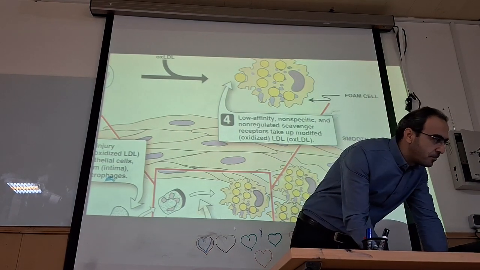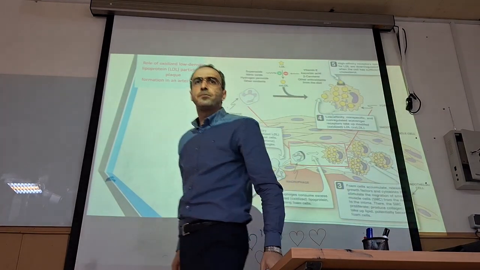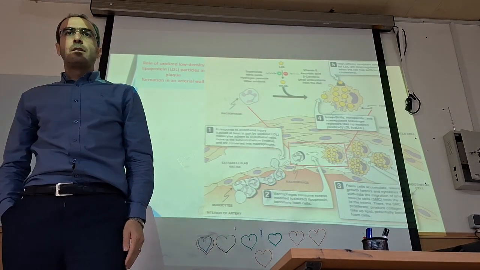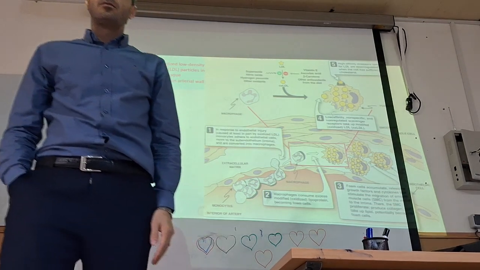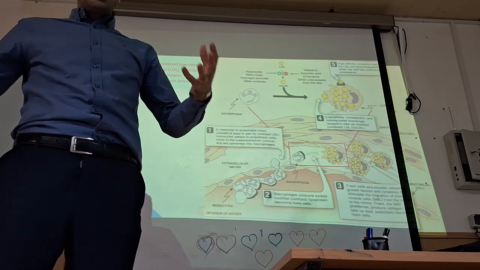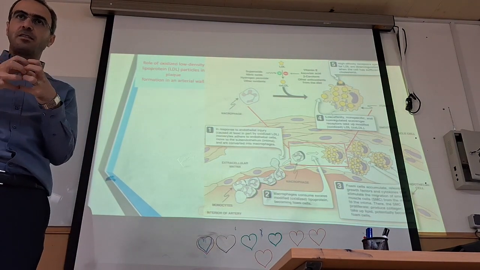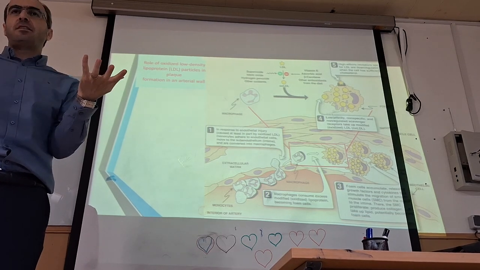So it doesn't count it as waste and get rid of the LDL? The macrophage doesn't get rid of it? No, they can reduce LDL. When they start to eat the oxidized LDL, they lose their activity.